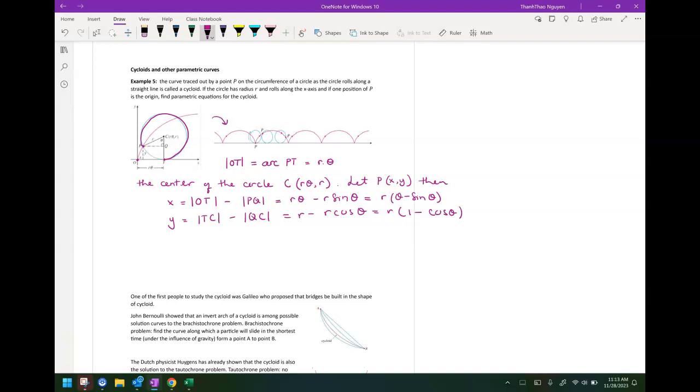Okay, so the parametric equations of the cycloid are x equals R times theta minus sine theta, y equals R times 1 minus cosine theta.